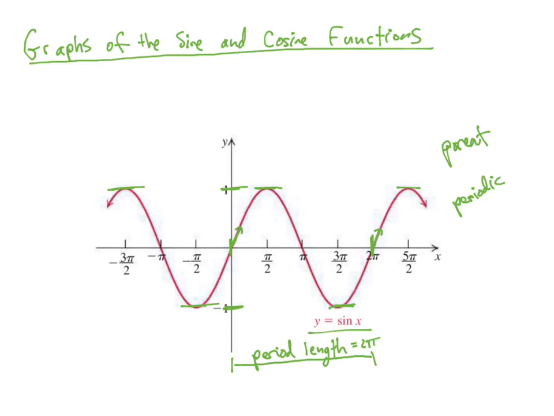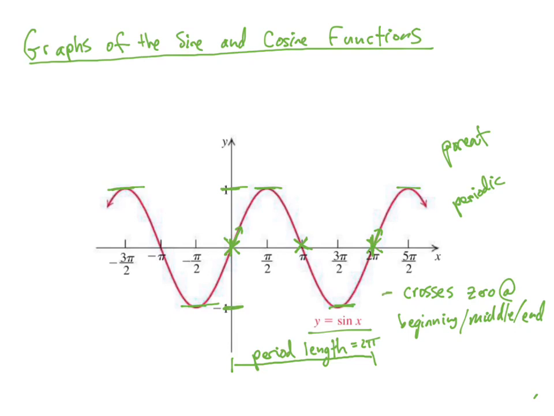So if we're starting at 0 and ending at 2 pi, what we notice is that the sine graph crosses 0 at the beginning, it crosses halfway, and then at the end of that period. So this is important. Crosses 0 at beginning, middle, and end.